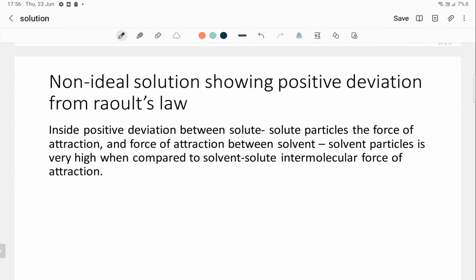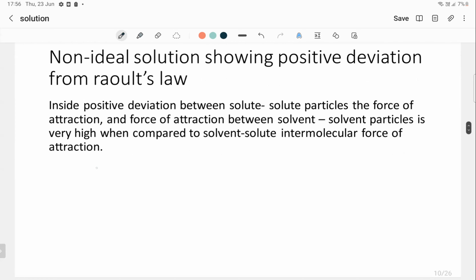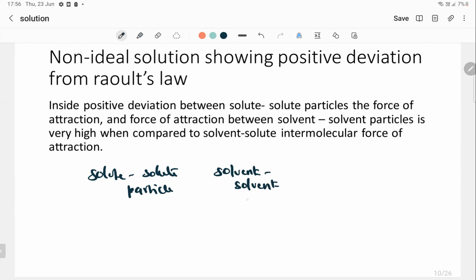So here, when it is showing the positive deviation, at that time, this is your solute particles and your solvent.